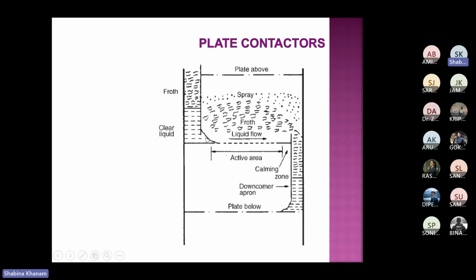We want liquid to move over this plate. So this is the section where holes are not available. Similarly here the section is available where holes are not available. All these sections over the plate which do not include any hole, we call the calming zone.